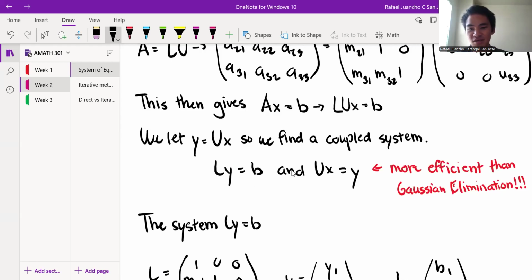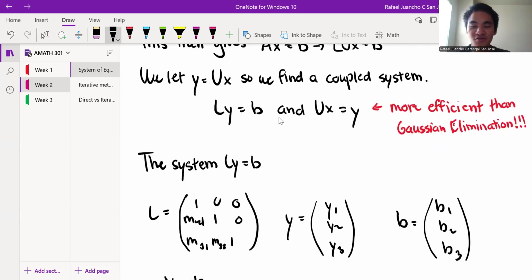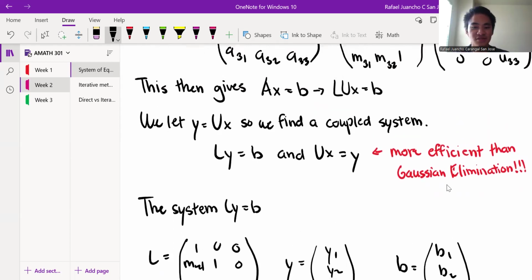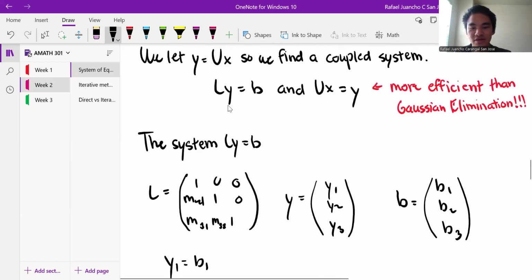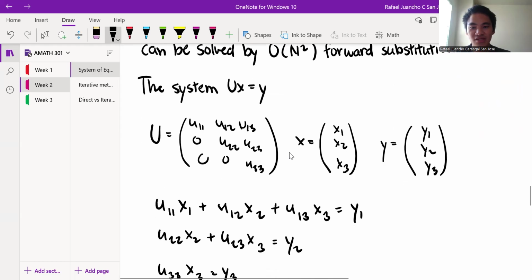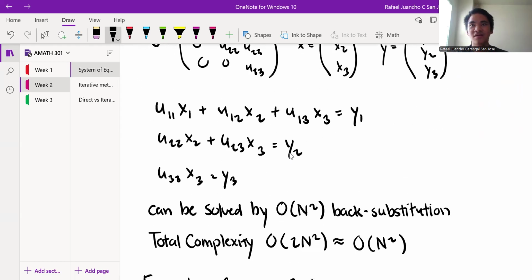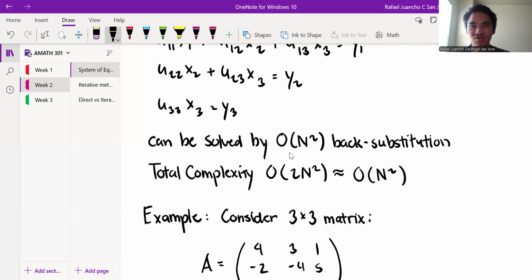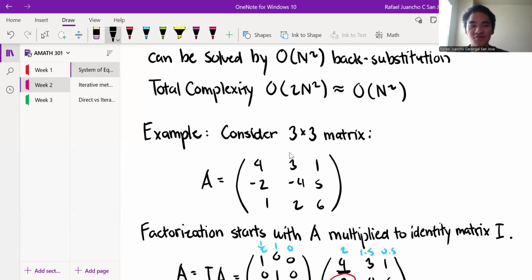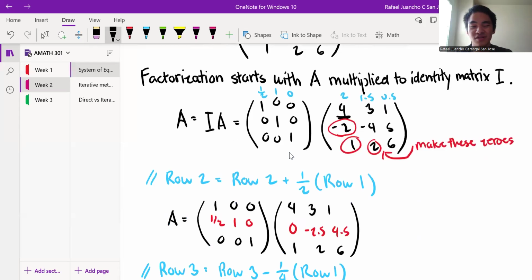Both of these have a computational complexity of O(n squared), which is much, much faster than the Gaussian elimination algorithm. So basically, the idea is if we were given an AX equals B linear system, it's almost always better to use LU decomposition as opposed to just using Gaussian elimination because it makes the whole thing faster.